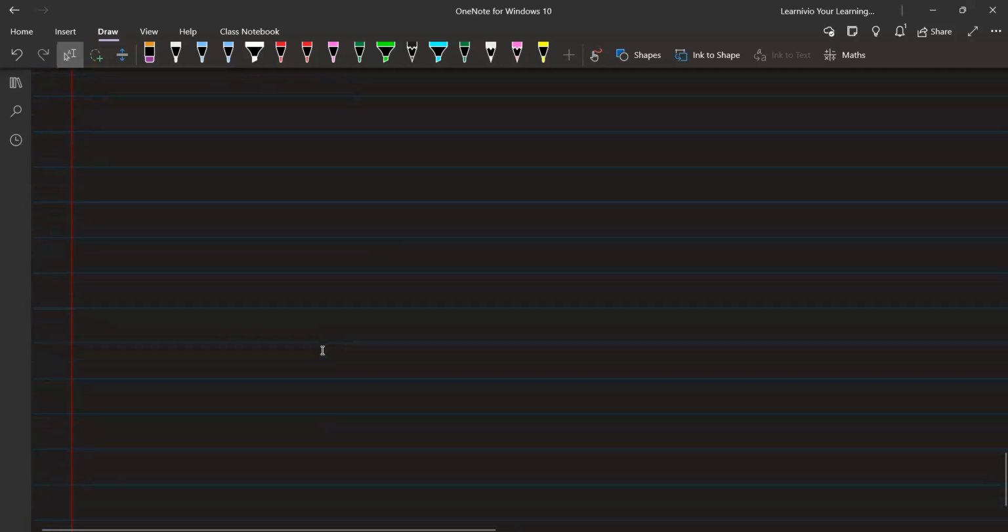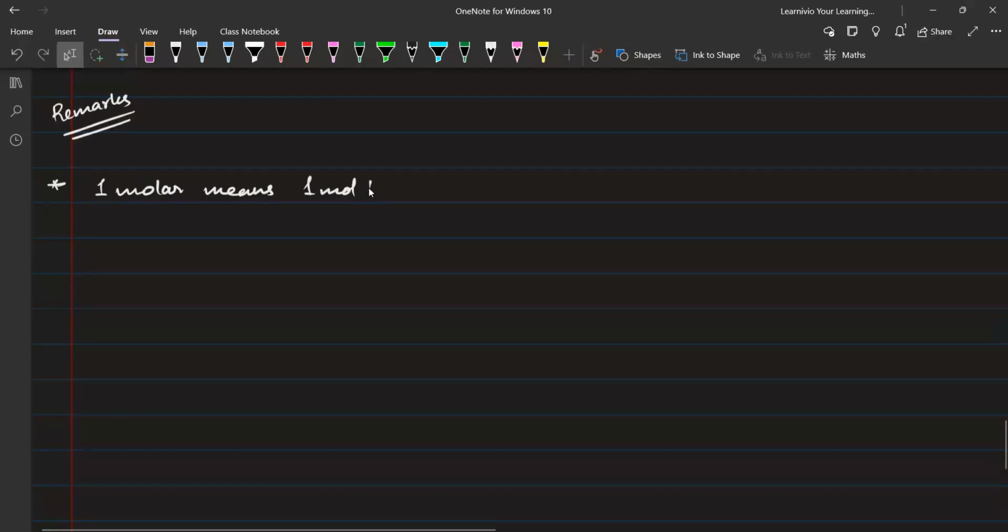So now let us start the question. Right? So before the question, just write a few remarks. One molar, means 1 mole per liter. 1 mole per liter means 1 mole of solute in 1 liter of solution.